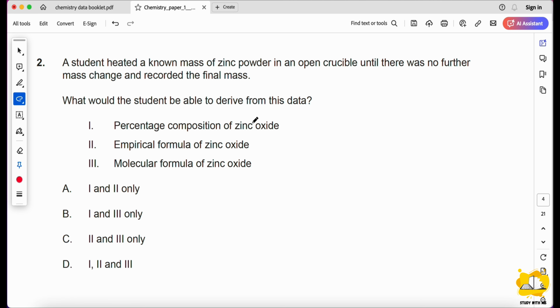Therefore, the empirical formula of zinc oxide can also be derived. However, without additional information like the compound structure, it's not possible to determine the molecular formula precisely only by knowing the mass of zinc powder. Therefore, the molecular formula of zinc oxide cannot be derived. The answer will be A.